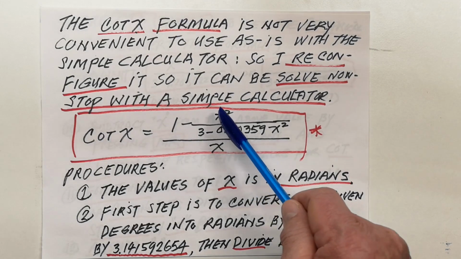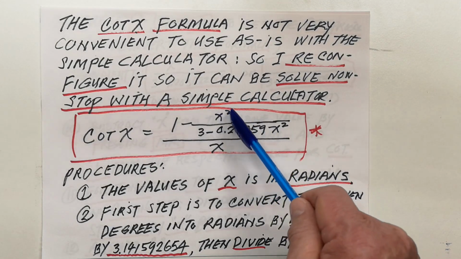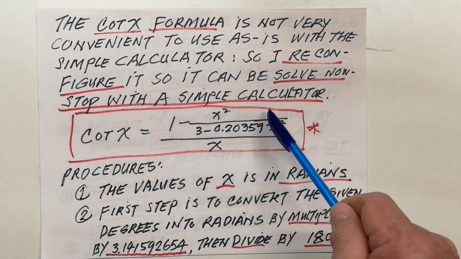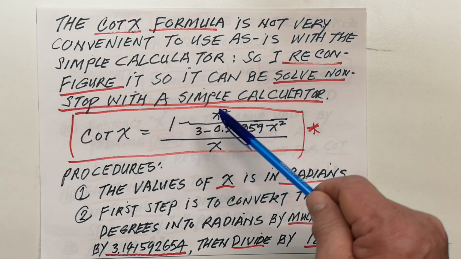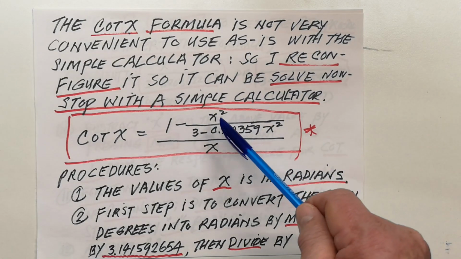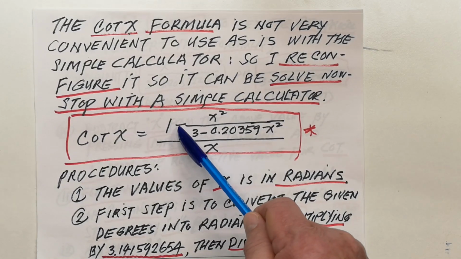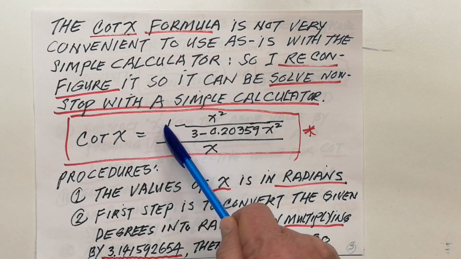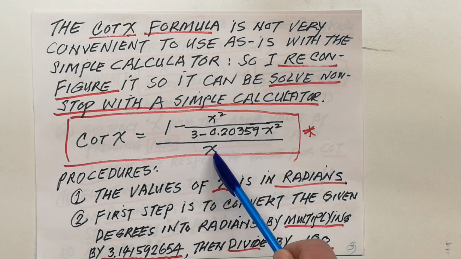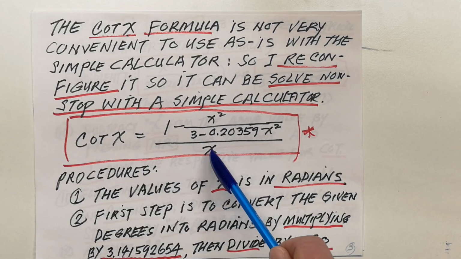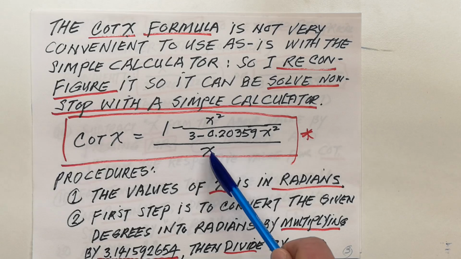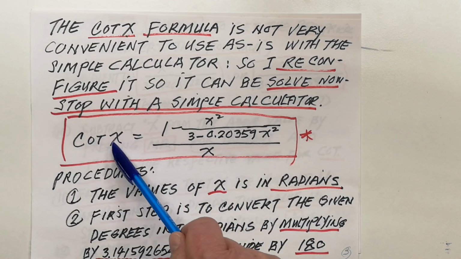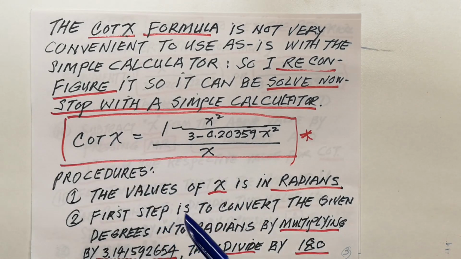Divide by MR twice to get x squared. And then you divide equal in order to reinvert it back. And then you change the sign of this into negative, and then you plus 1. And then finally you divide it by the MR, that's the x stored in the memory. And you'll get the cotangent value.